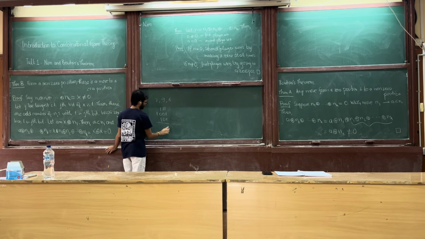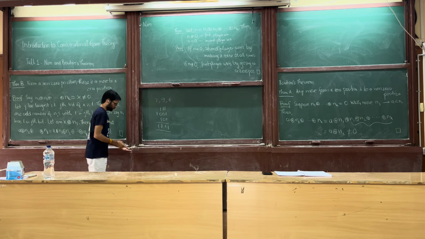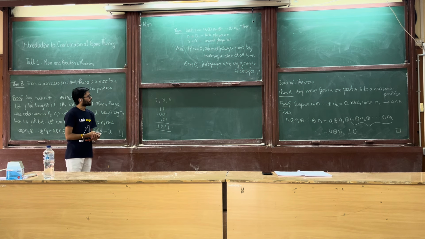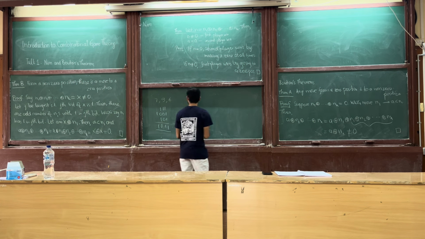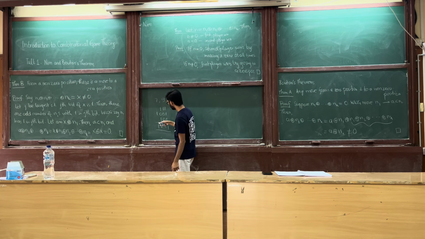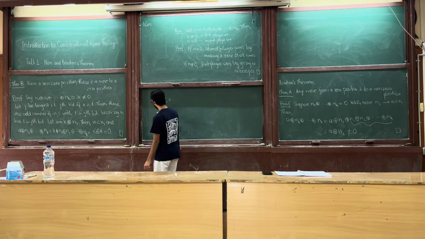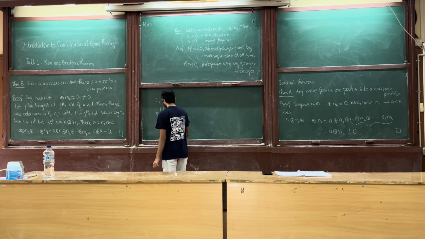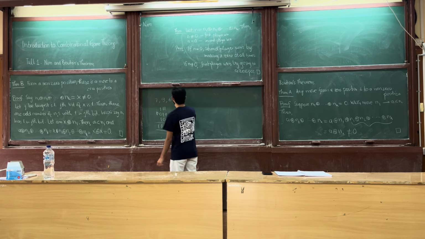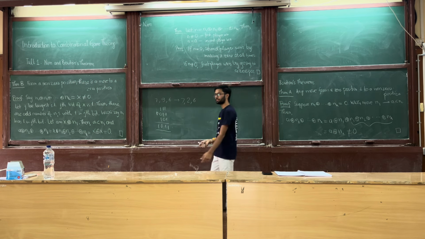So I have 1, 1, 0, 0, which is non-zero, right? So according to our claim, the first player can force a win by going to a 0 position. So to go to a 0 position, I have to go here, find this one, make it a 0, and then I will change this as well. So my winning move is to go to 7, 2, and 6.